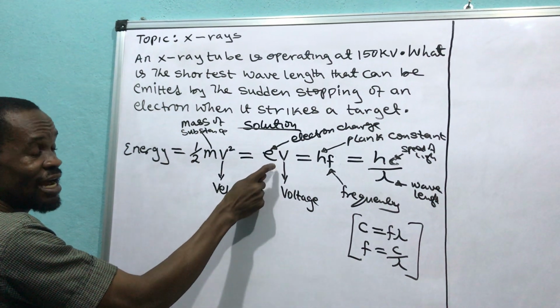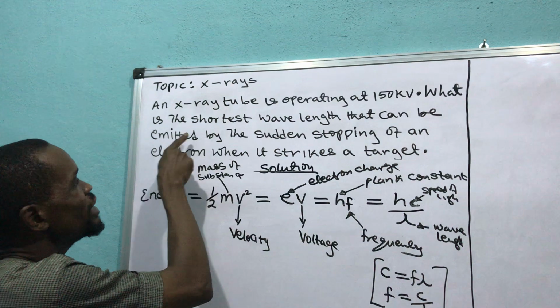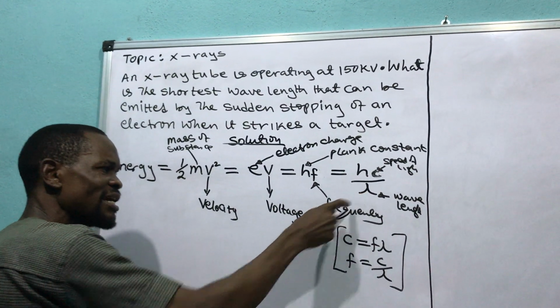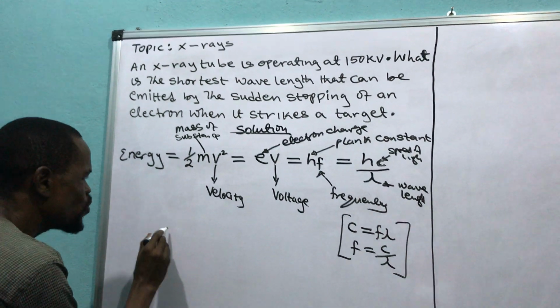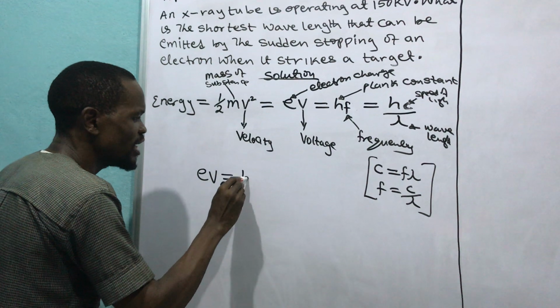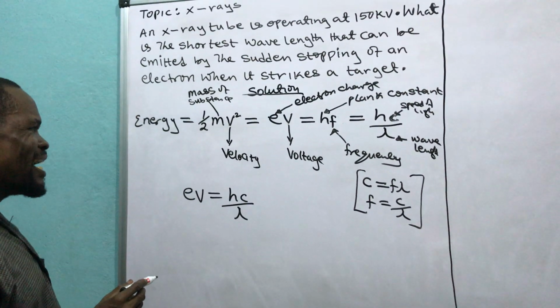That means this eV has to be there. Then they said I should calculate the shortest wavelength. Where did I see wavelength in this equation? Look at it. That means I can now equate eV equals hc over lambda.